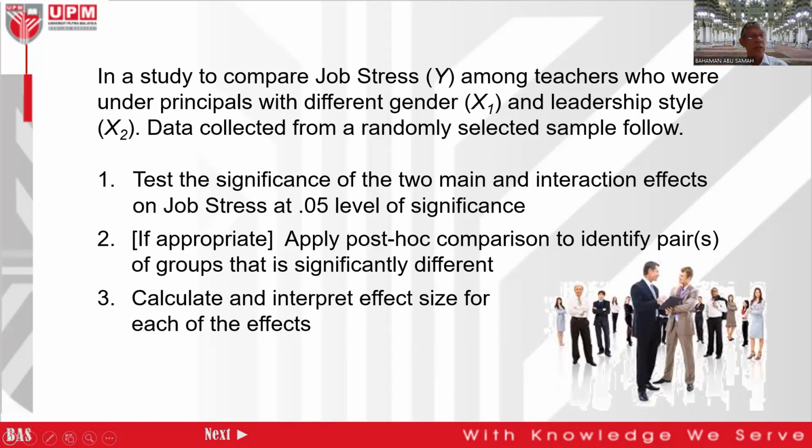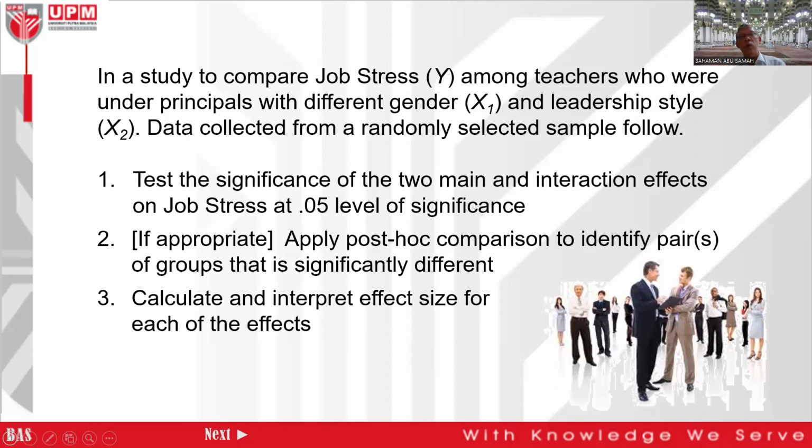We have three different leadership styles. We want to test whether there is any significant difference in job stress of the teachers if they are working under male or female principals, or whether they are working under different leadership styles.